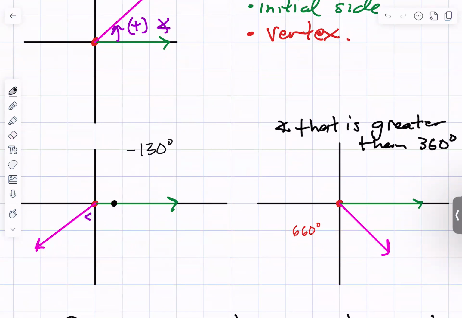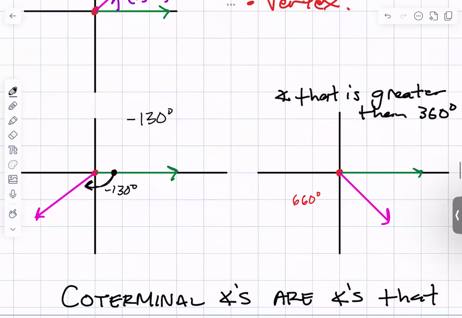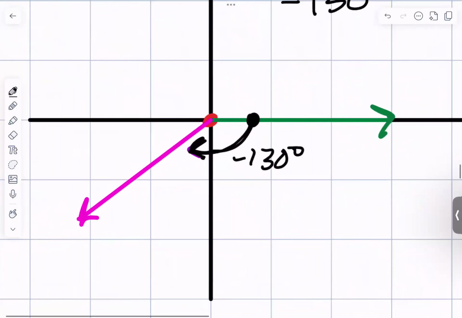I know that here is 90. If I go all the way around to the next line, I'm going to hit 180. So it has to be in my third quadrant. So it's right there. That's negative 130. Make sense? I just graphed negative 130 in standard position.